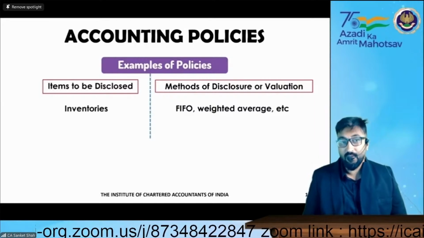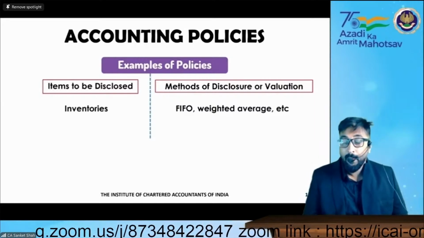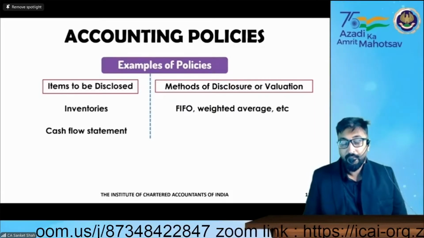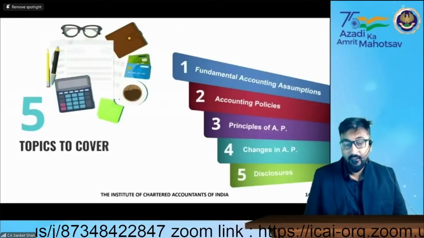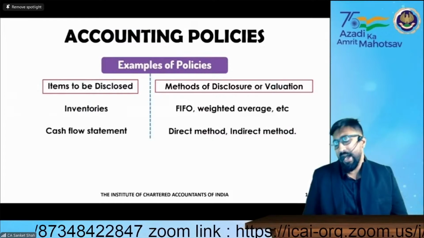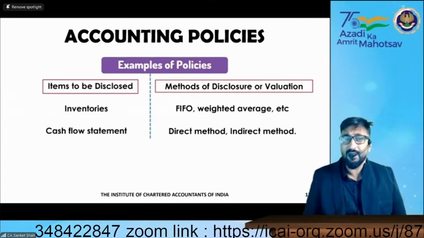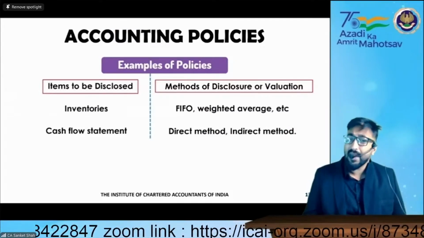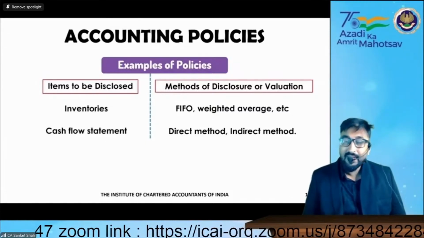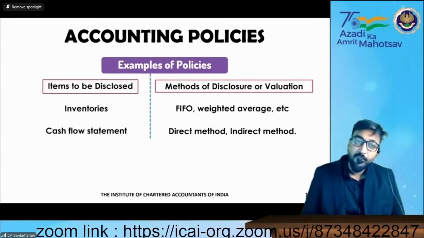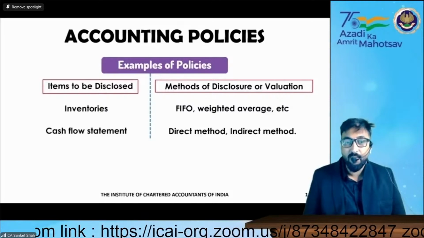In the cash flow statement, we have the direct and indirect method. In government grants, there is capital receipt versus revenue receipt. So there are different accounting standards and different policies. We are going to understand it. But which policy you select is not important.